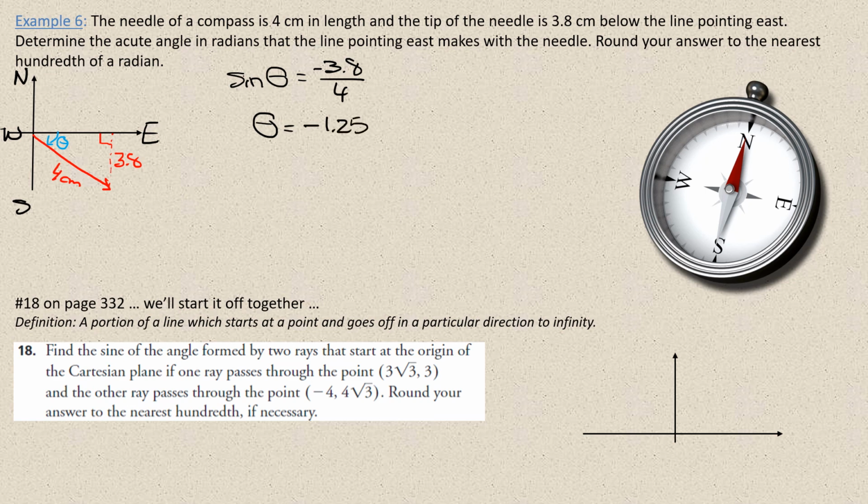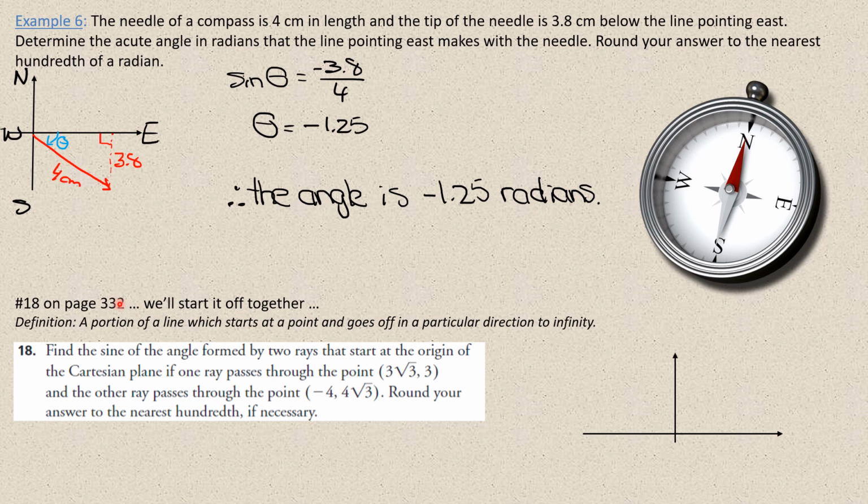And we expected the negative because of the way the question was worded. We were looking for a negative rotation. So our angle is negative since it's measured from the positive x-axis counterclockwise. So we have a negative answer, and that's what we expect. So we're just going to put a little sentence for this. Therefore, the angle is negative 1.25 radians. So that was a pretty quick one. I just wanted to throw that in there because of the negative.